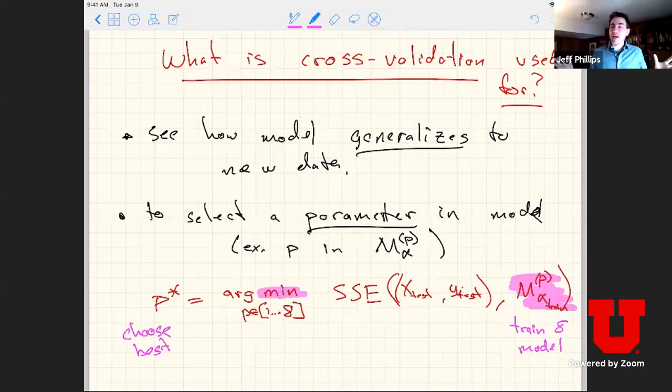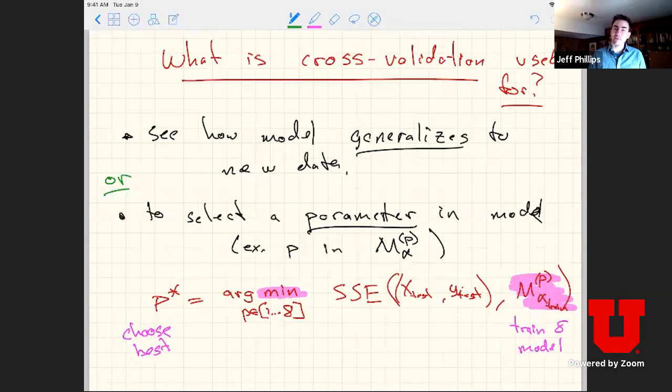It's not to try and minimize the sum of the squared errors, right? I have a different process that does that. This is trying to predict how well it does on new data, or to choose this best parameter.